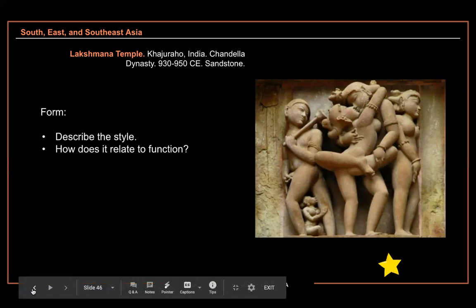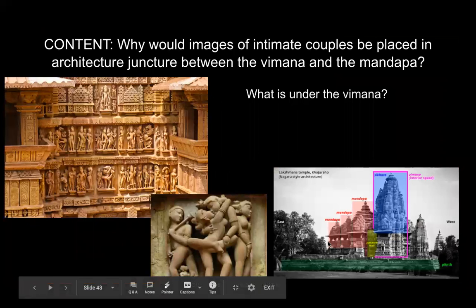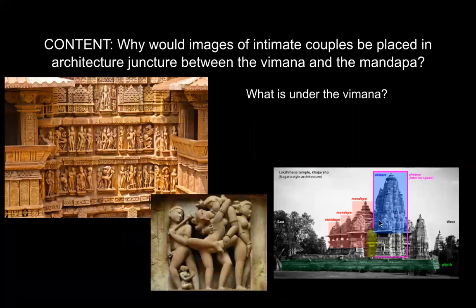So if we go back to the image back here, and think about where this is located, it makes sense that these sexual images are located near the sanctum and the garbhagriha, right? Because that is a womb, and that's where the image of the god is.